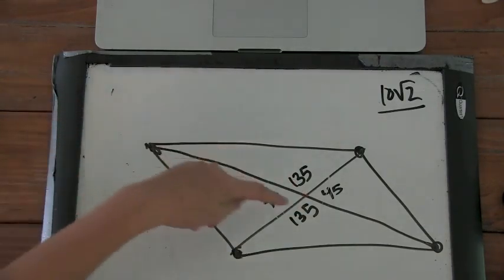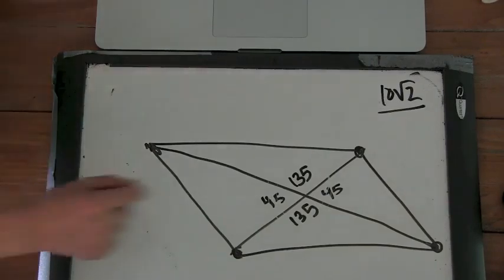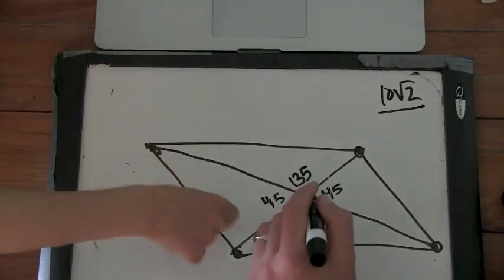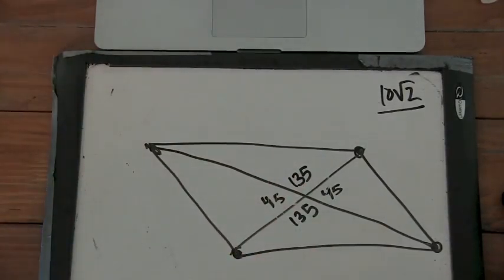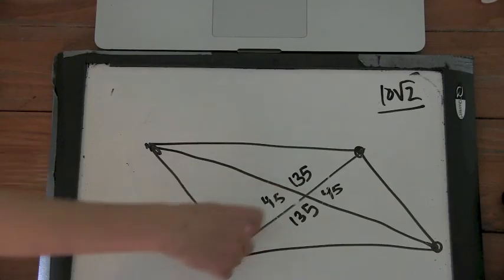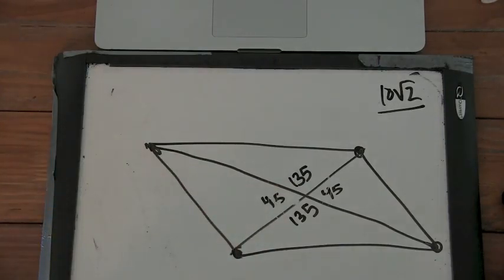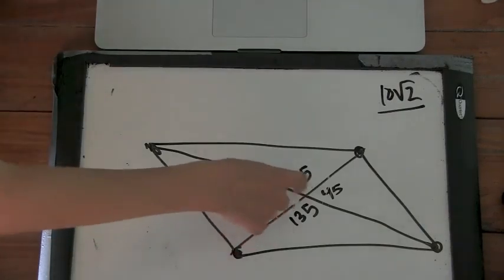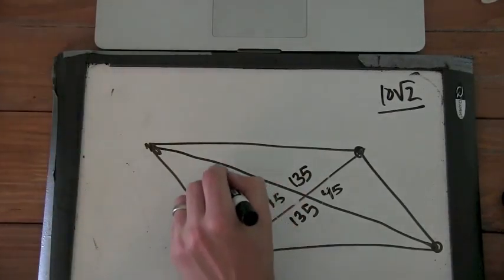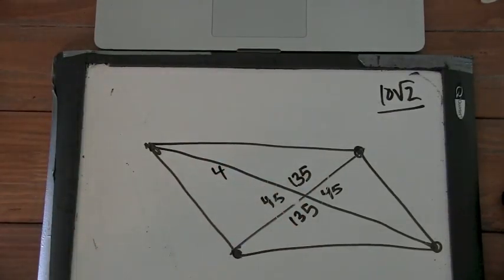So if we know this is 4, then these 2 sides add up to be 16. Why is that? Because this side is 4 of the triangle.